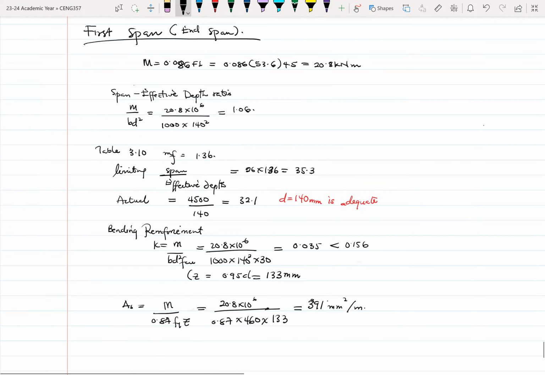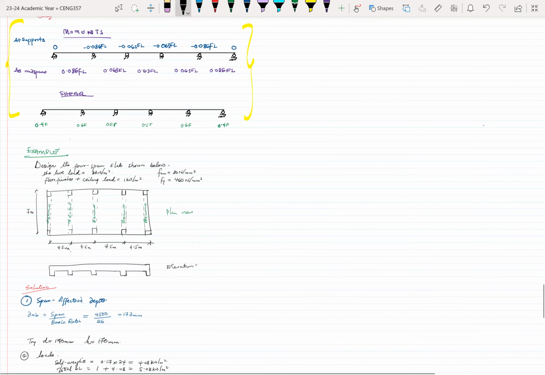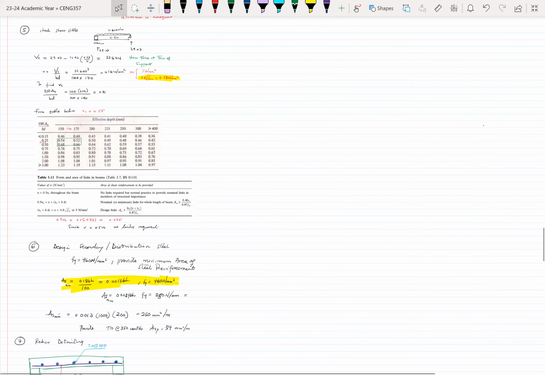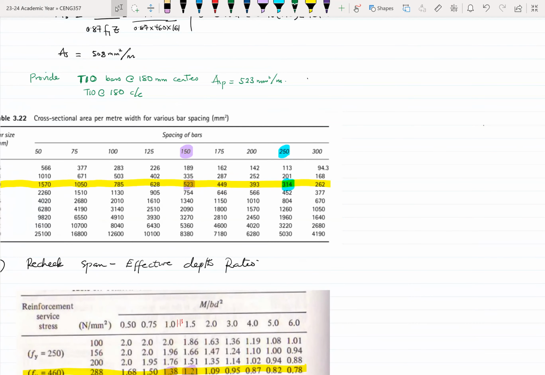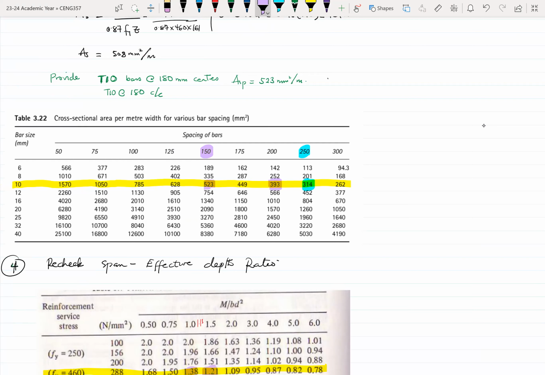All right, then you go into the table we had earlier, the table to check the area with respect to the spacing. So let's say we are using T10 again. For T10, we had 391, so we can choose 393. So our spacing is 200. It works.